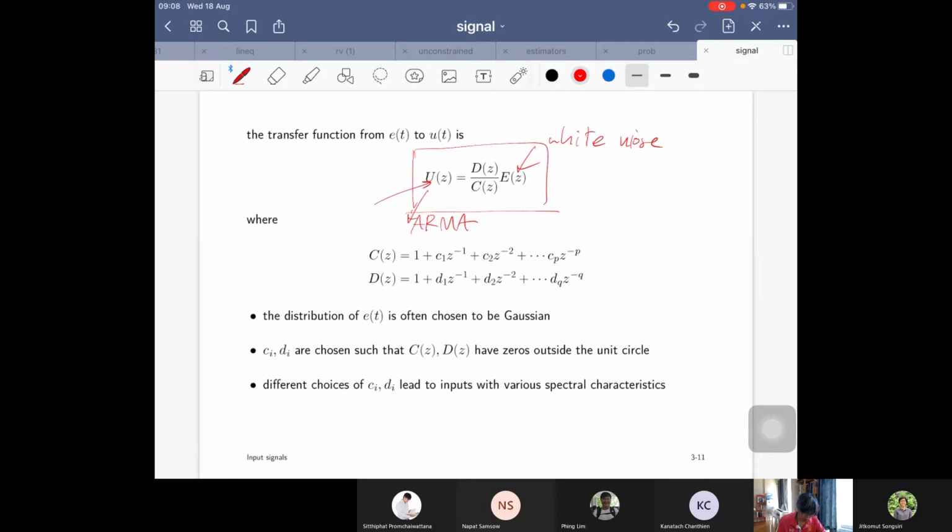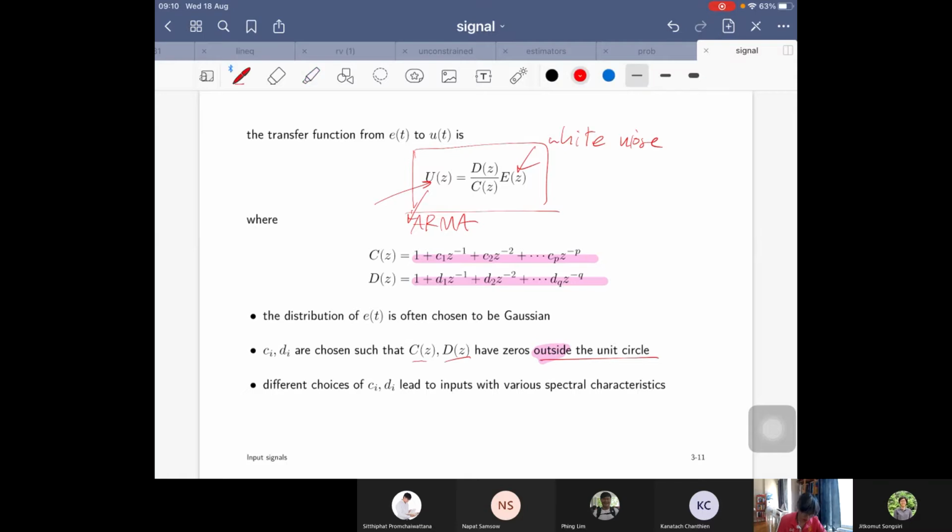Okay. You need to make sure that this ARMA process is stable, is stationary. So the roots of these two polynomials lie outside the unit circle. Try not to be confused with the term outside the unit circle, because that's the way we define the matrix polynomial term.